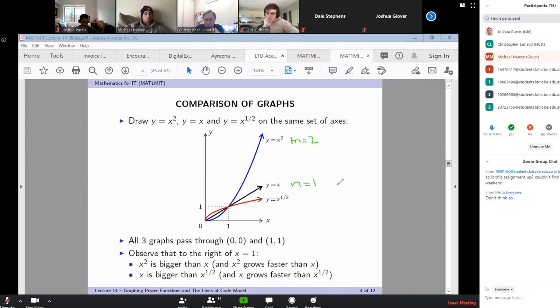On the other hand, if we compare these two, we could say that here, for our purposes, m is equal to 1, and the n is a half. 1 is bigger than half, so this one's going to be bigger than that one all the way through.